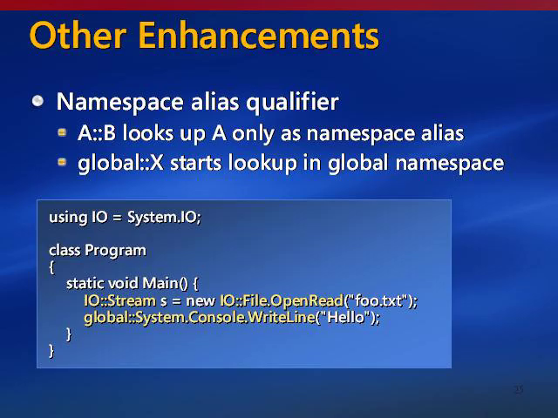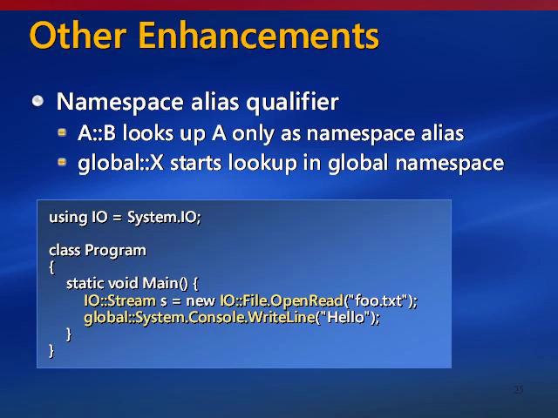So it literally generates system.console.writeLine to be absolutely sure that it gets that one. Well, unfortunately, if the user introduces a member named system in his class or something, things start breaking because there's no way of ensuring that the lookup starts at the global namespace. And basically, that's one thing that we're addressing with the alias qualifier.